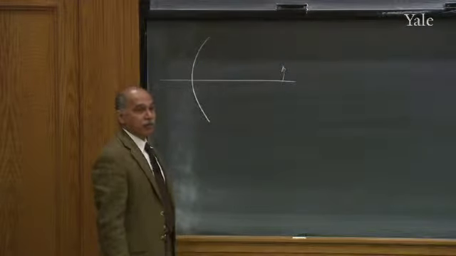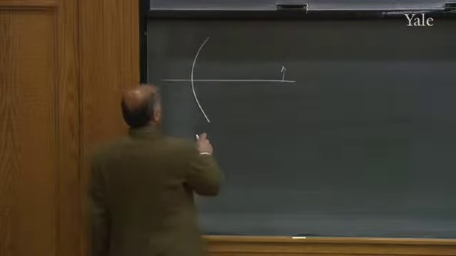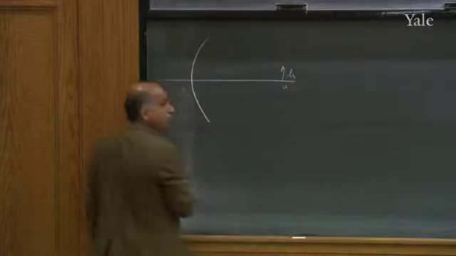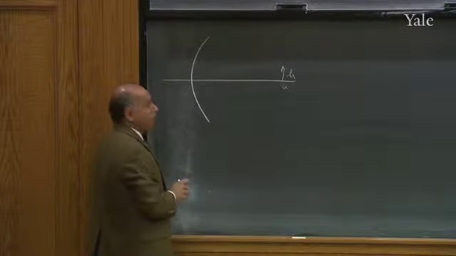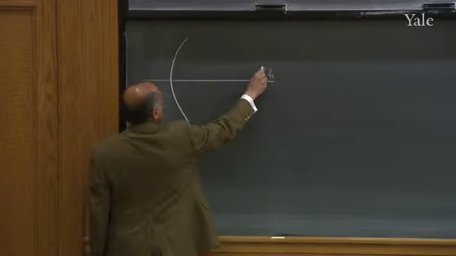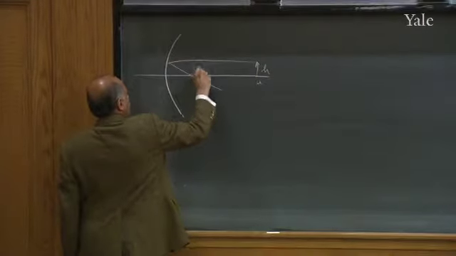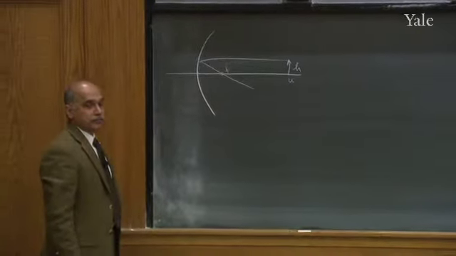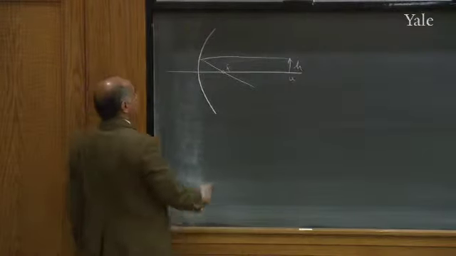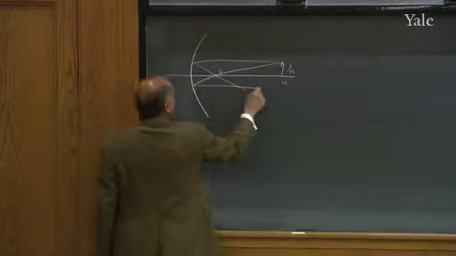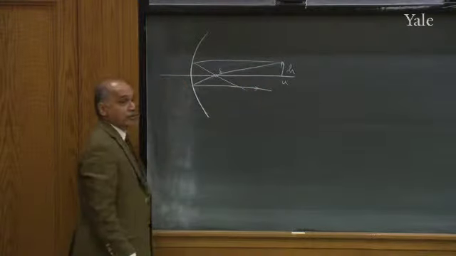I'll remind you what we know from geometrical optics. Geometrical optics tells you the following. If you have an object of height h at a distance u from the mirror, and you want to know where the image will be formed, you first draw a horizontal line whose fate you know. It has to go through the focal point. The second one says you draw a line through the focal point, and it's got to come out horizontal. How do I know that?